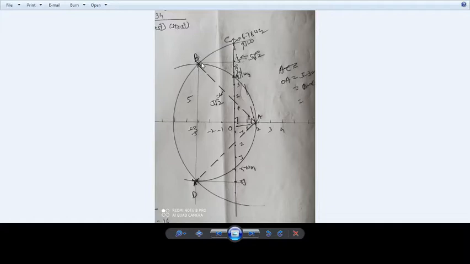Next we take minus 3 as the center and beta, which is 5, as the radius, and we draw the circle. Wherever it meets the vertical j omega axis is my resonant frequency, and here exactly at 4j it has matched.